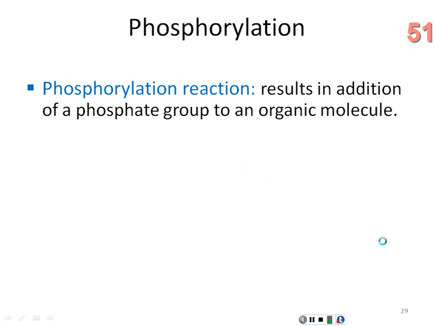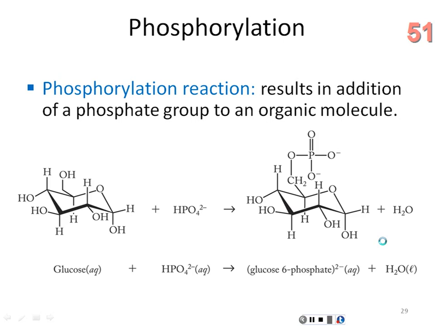An important reaction in glycolysis and in many biological pathways is phosphorylation. And this is the addition of a phosphate group to an organic molecule. So if we look at glucose, we have glucose and a phosphate molecule. We add the phosphate, we get glucose 6-phosphate.